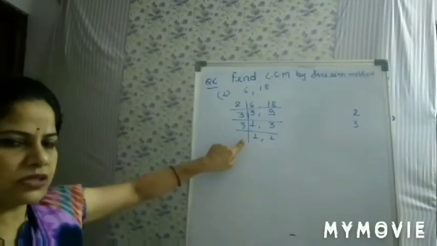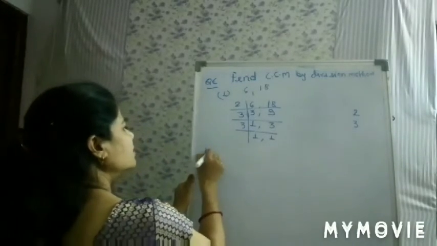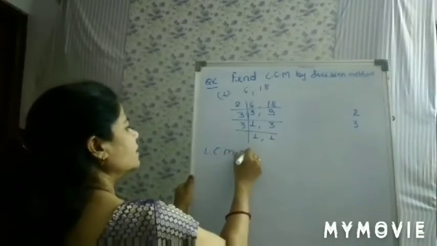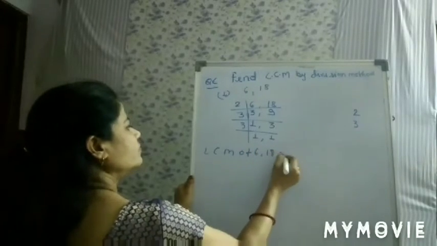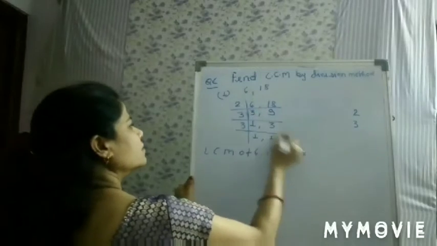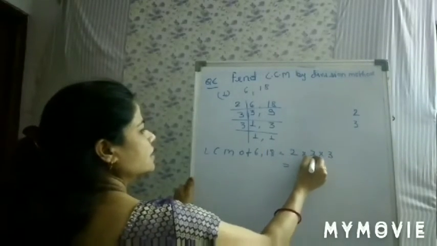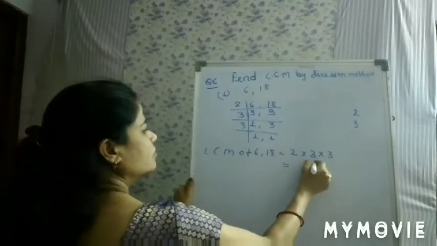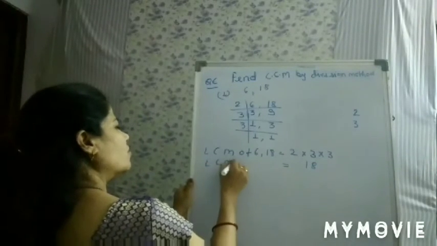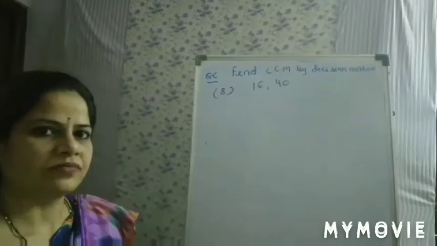So here your process, your method, is stopped. Now you have to write the LCM of 6 and 18. You have to multiply all the prime numbers. 2 into 3 into 3. 2 3s are 6, 6 3s are 18. So the lowest common multiple of 6 and 18 is 18.